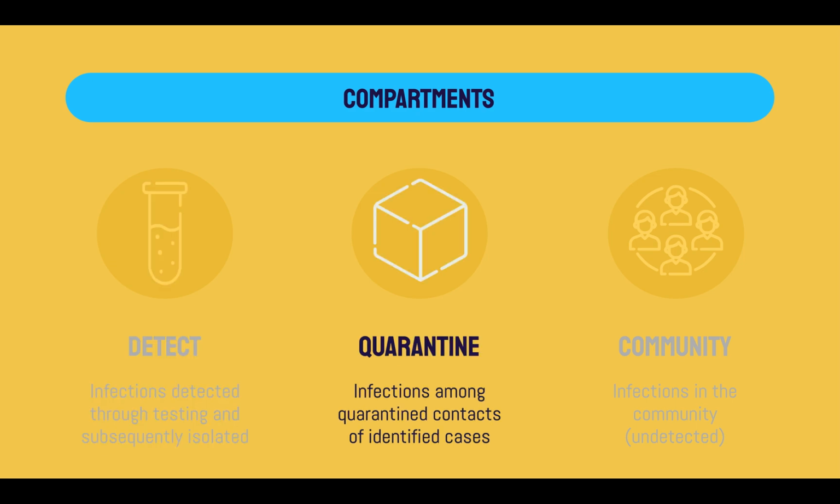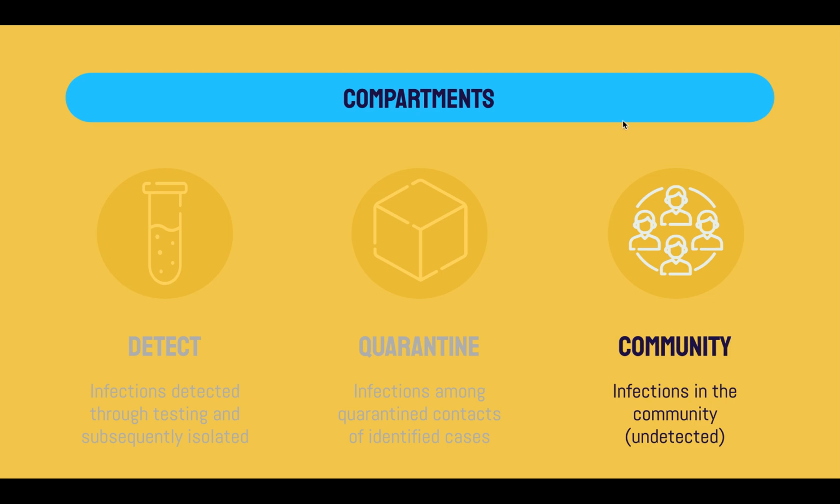The next compartment would contain people who are infected but already in quarantine, so they are quarantined contacts of identified cases who then become infected. And then the final compartment would be people in the community that are infected, and these would be undetected infections. So we have detected infections, infections detected in quarantine, and community infections.